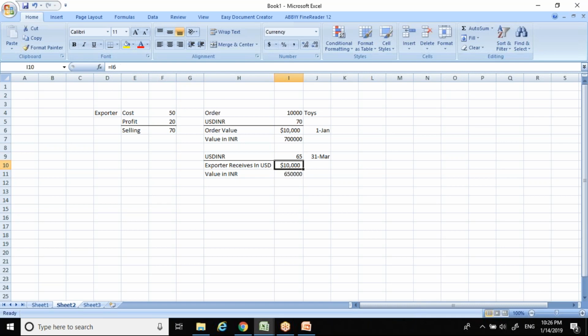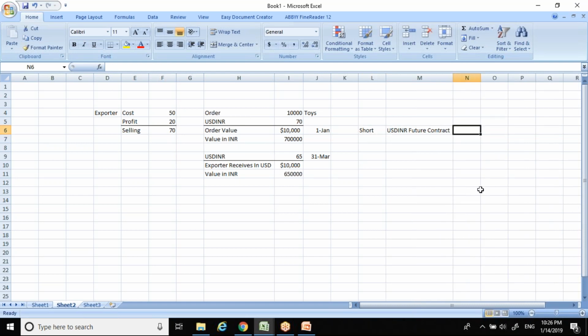So what an exporter can do, when receiving this kind of order on 1st January itself, is short sell a USD INR contract on the stock exchange or any respective exchange.